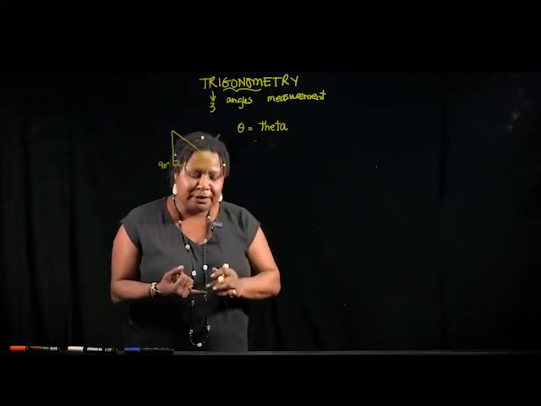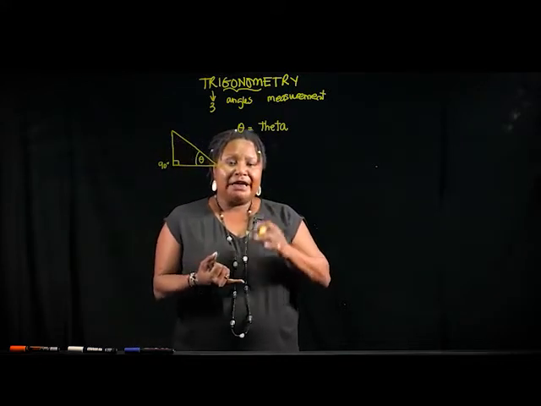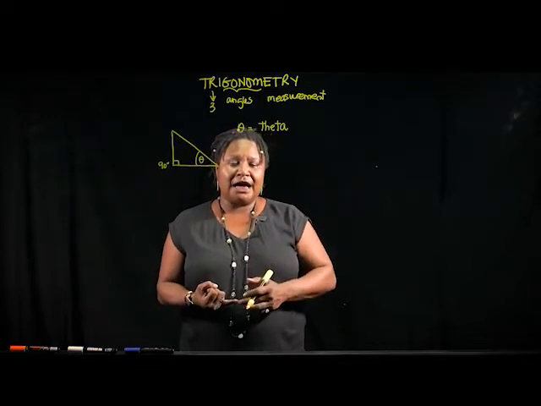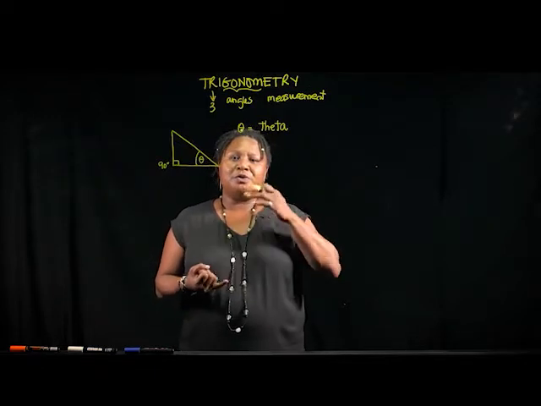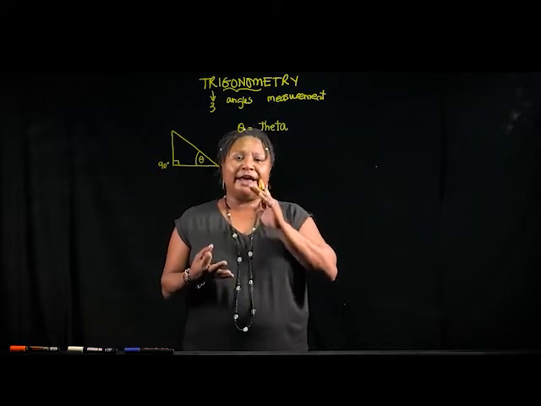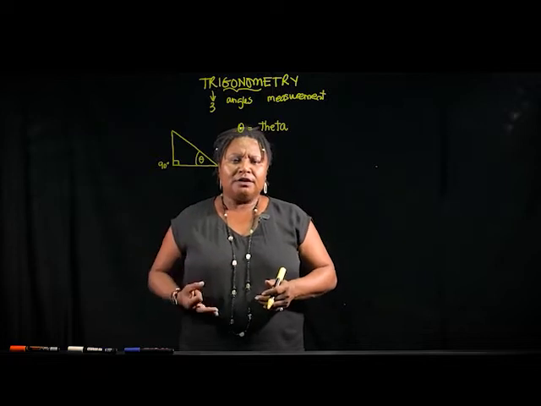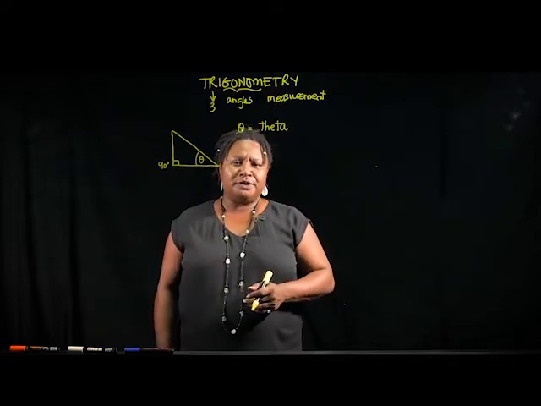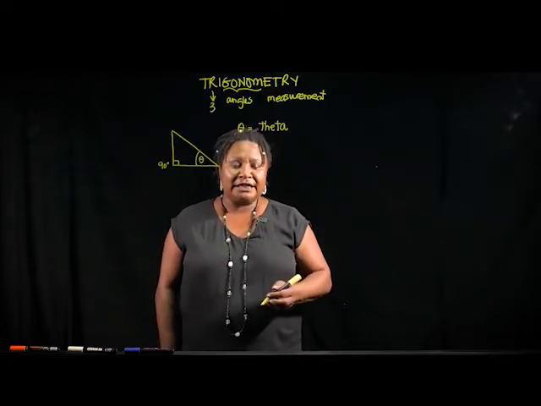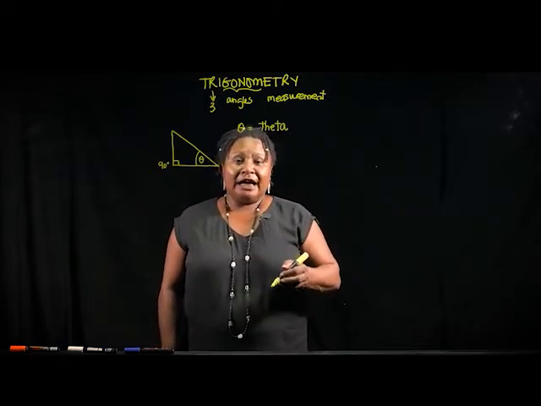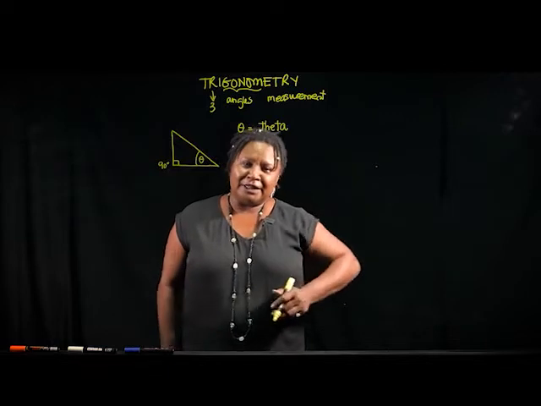Now, there are 3 main ratios in trigonometry. Those ratios are the sine ratio, the cosine ratio, and the tangent ratio. Now, what do you understand about ratios? You already know from grade 8 and grade 9 that a ratio is the relationship between 2 quantities.